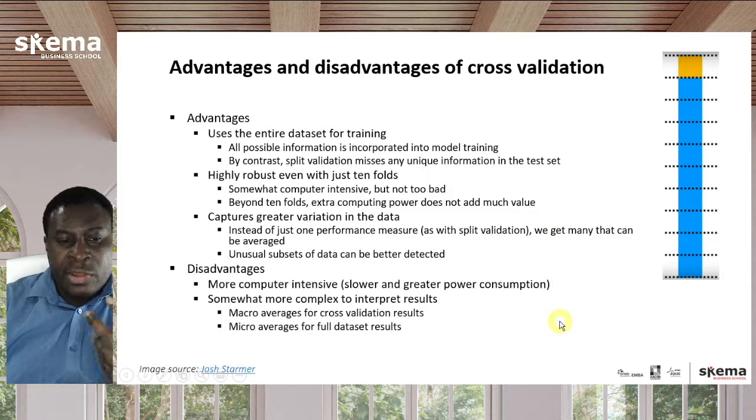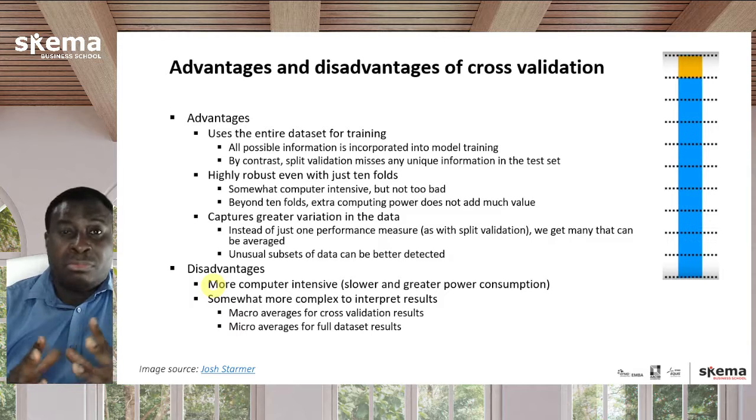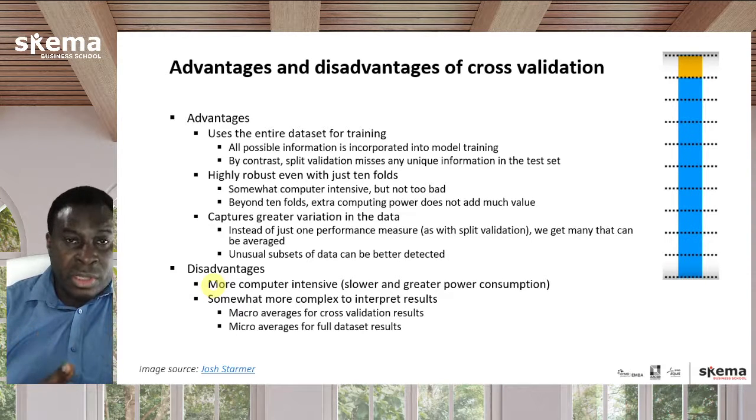Okay, that said, there are some disadvantages. I've already mentioned the fact that it is computer intensive, and so it runs the data set 10 times. So that means the procedure is going to take 10 times as long to run, and that's not just slower in time, but that's more power consumption.